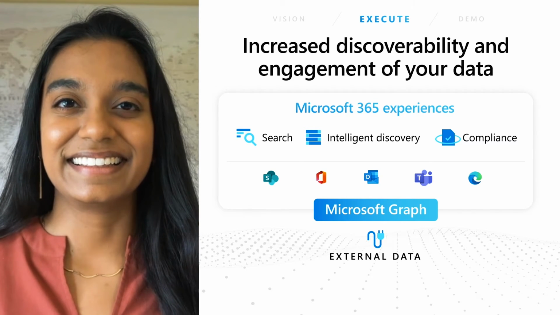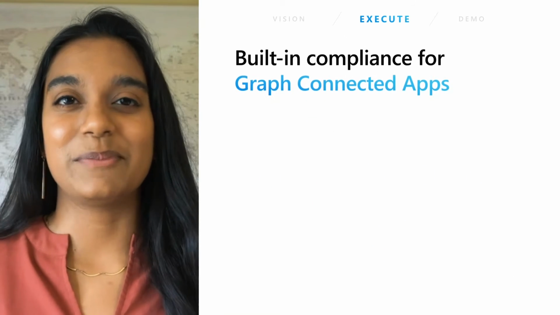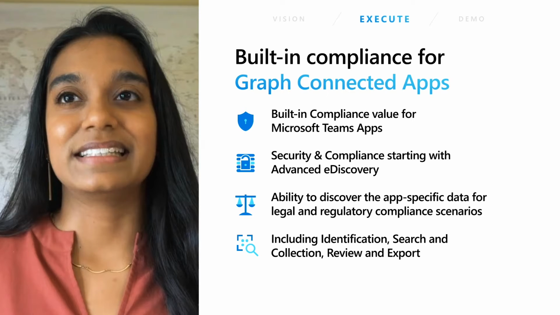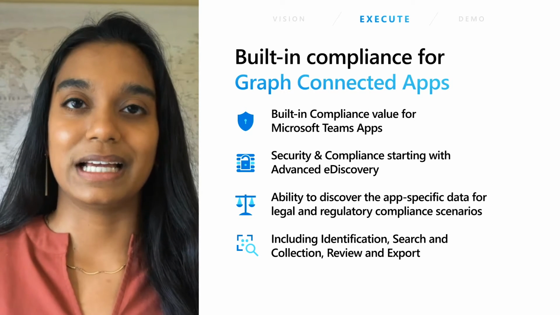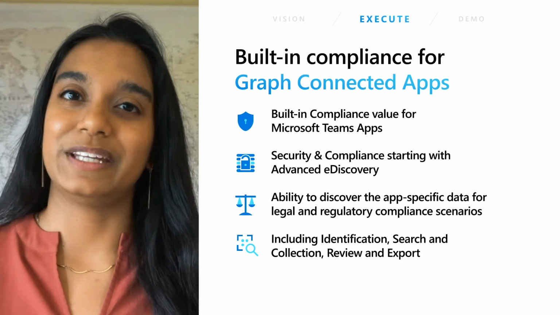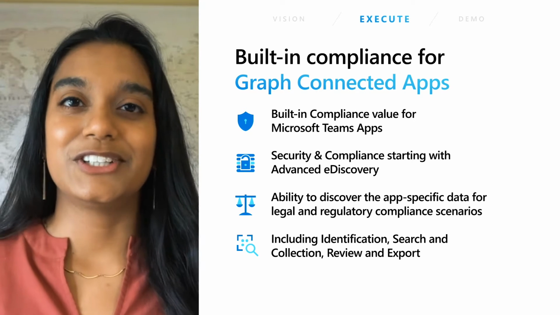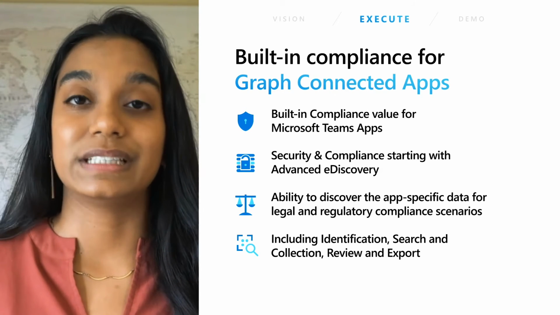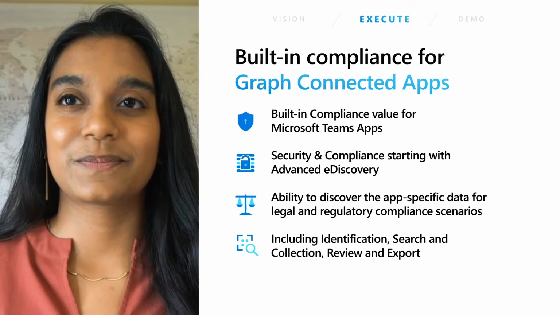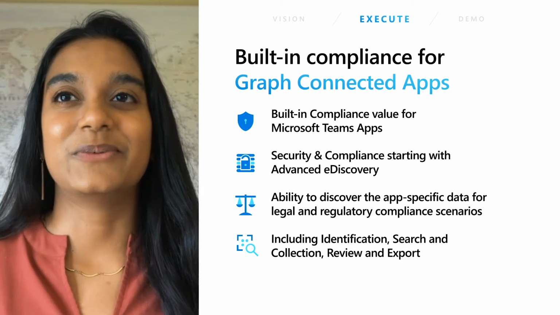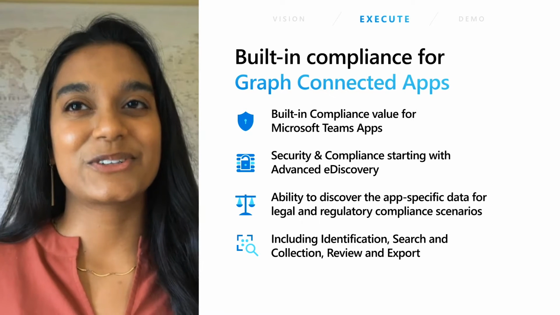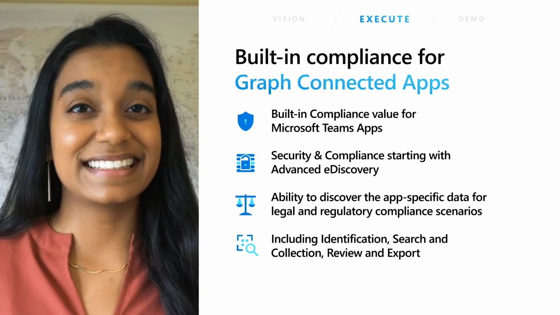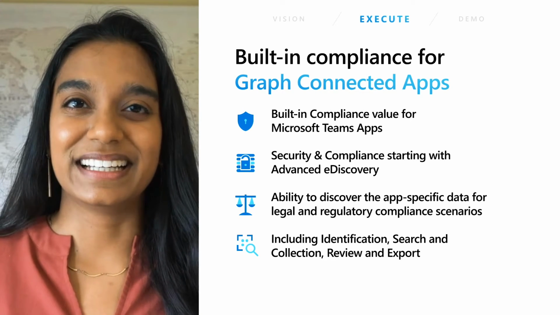Cool, right? One of the great benefits of ingesting your content into Graph Connectors is easily lighting up Microsoft compliance in order to protect your app data. With one ingestion into the graph, you'll be able to manage and take control of your data in various ways. The first product that we are excited to announce and offer to all customers who ingest their apps through the Graph Connectors is Advanced eDiscovery.